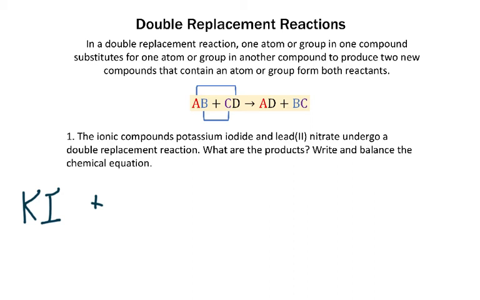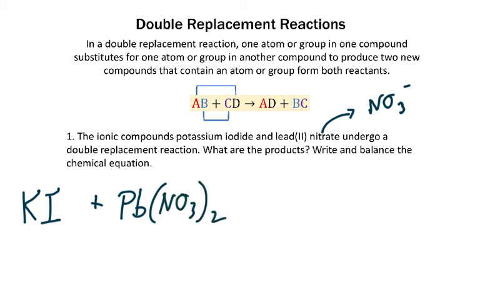Nitrate is a polyatomic ion. You can look this up if you need to. It is NO3 with a minus 1 charge. And so lead 2 is Pb, and if it has a plus 2 charge, then we would have Pb(NO3)2, right? So to get the minus 2 from having 2 nitrates.